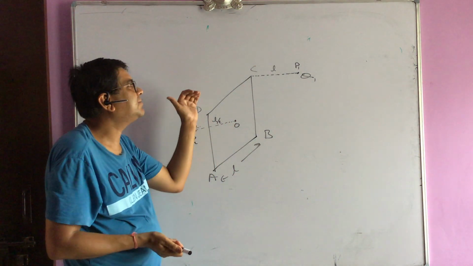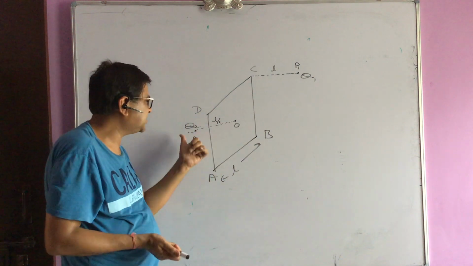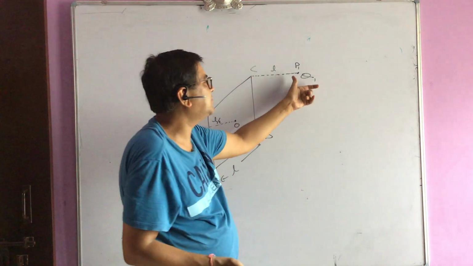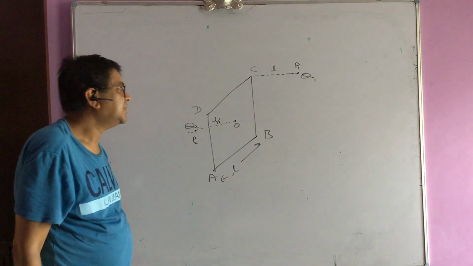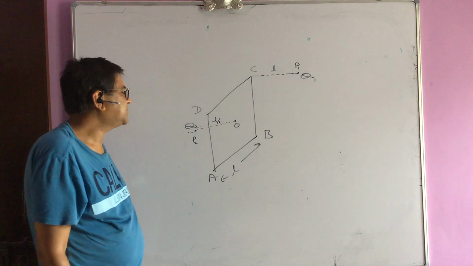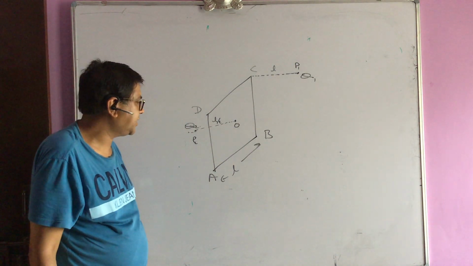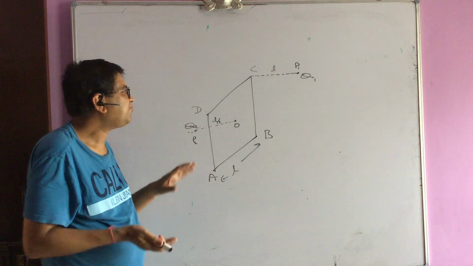So the directions of P1 and P2 are opposite. P2 is this way. Point charge here is Q1, and point charge here is Q2.